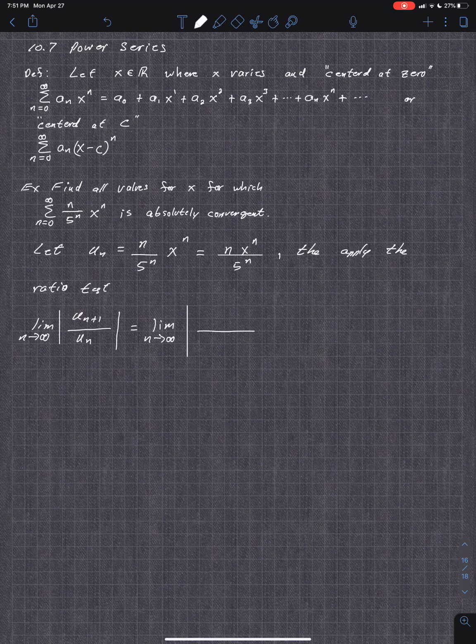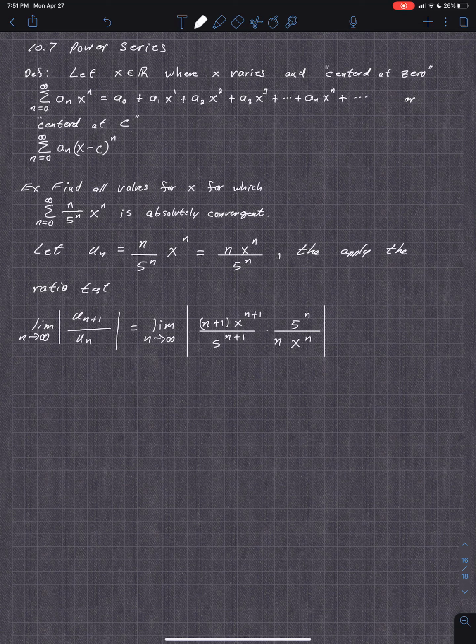So this will be all over n plus 1, x to the n plus 1 over 5 to the n plus 1, times, and then flip it, right, because you're dividing by it, 5 to the n over n x to the n, and absolute values.